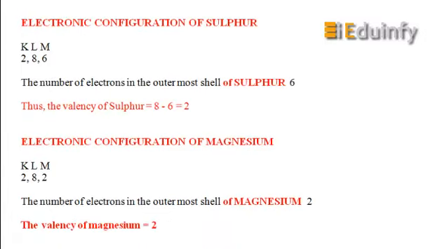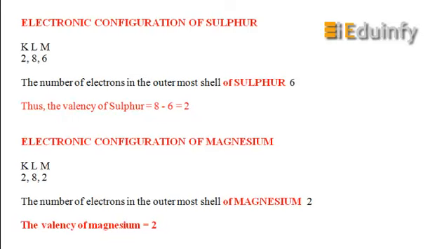Next, electronic configuration for sulfur. K shell has 2 electrons, L shell has 8 electrons, and M shell has 6 electrons. So number of electrons in the outermost shell of sulfur is 6, which is greater than 4. So this also we will subtract from 8. 8 minus 6 is 2.